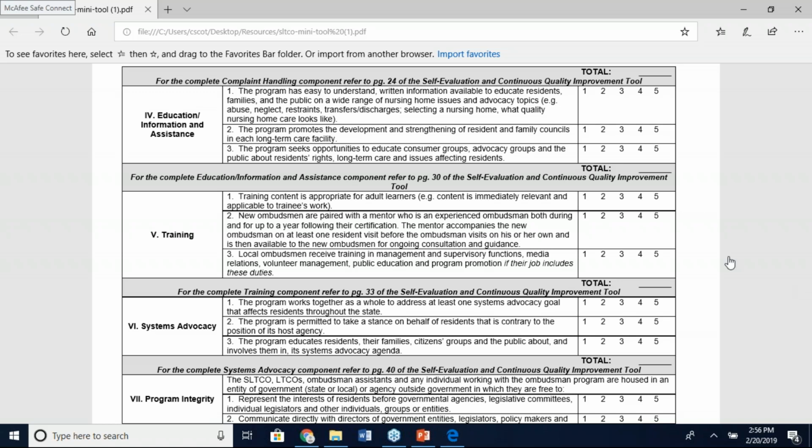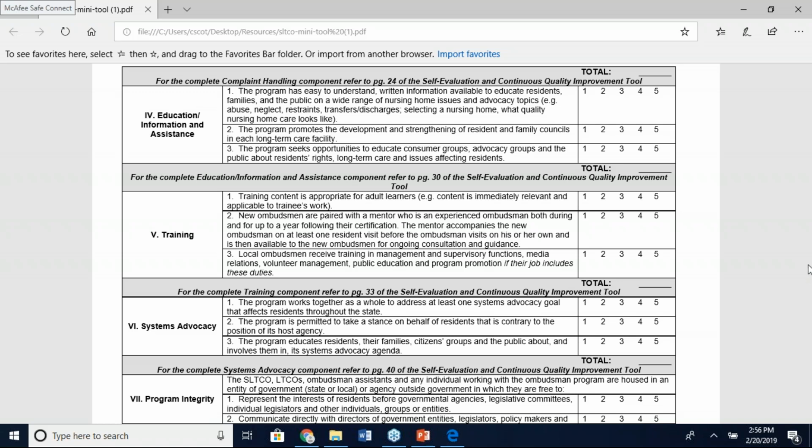I wonder about systems advocacy on that same page. This has often been a problem for many states. One of the areas where I couldn't quite give myself a 5, and I sure wanted to, was under systems advocacy item 1: the program works together as a whole to address at least one systems advocacy goal that affects residents throughout the state.